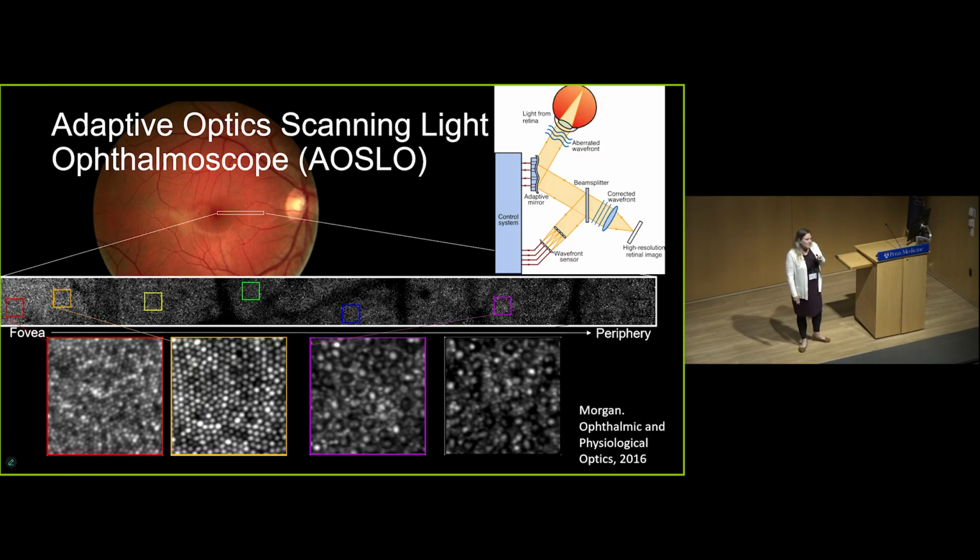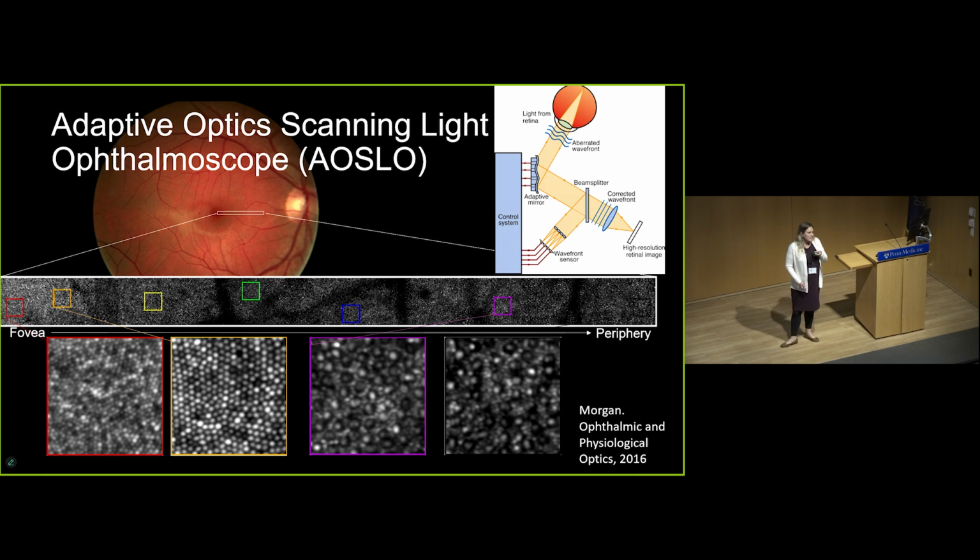All right. So my lab is involved in retinal imaging, and ophthalmoscopy has been a large part of ophthalmic exams for a very long time because it allows visualization of the retina in our living patients.